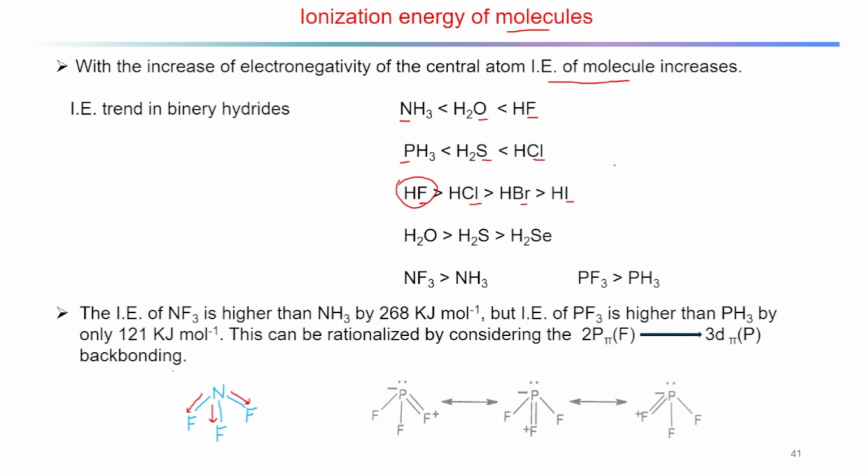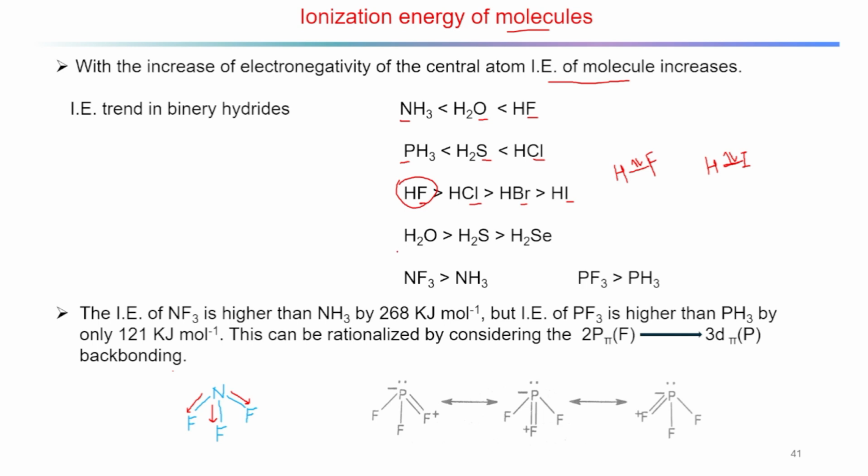So in case of HF, if you see this, this is the HF, and in case of HI, if you see HI, if you want to take out these bonded electrons from HF or HI, the ionization energy will be much higher in case of HF. So it will be much more difficult to remove the electron from this HF molecule.